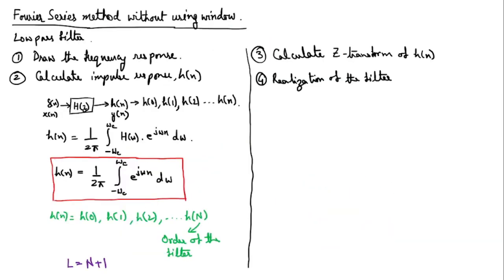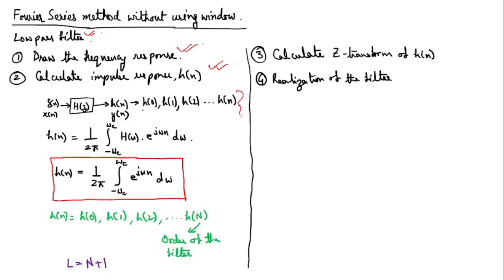Now the Fourier series method without using window. So we have this low pass filter. In this low pass filter, first we have to draw the frequency response. Then we have to calculate the impulse response. So how will we calculate?